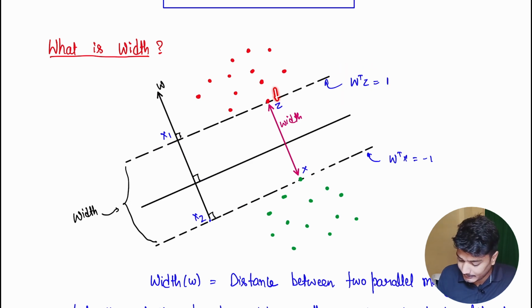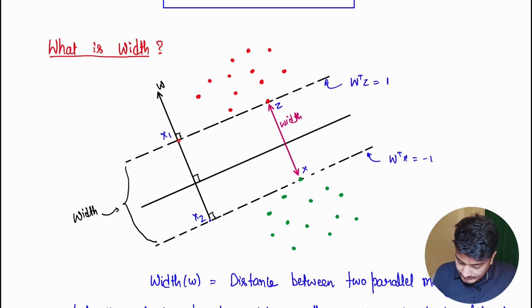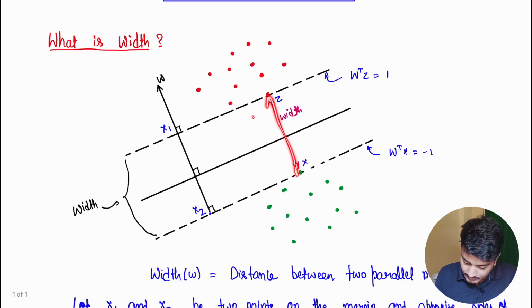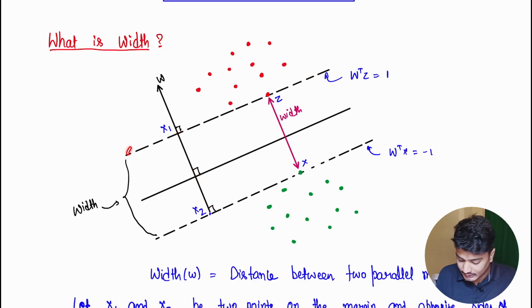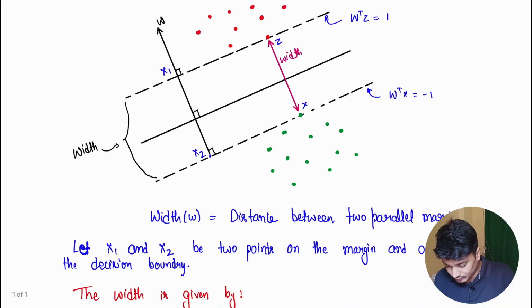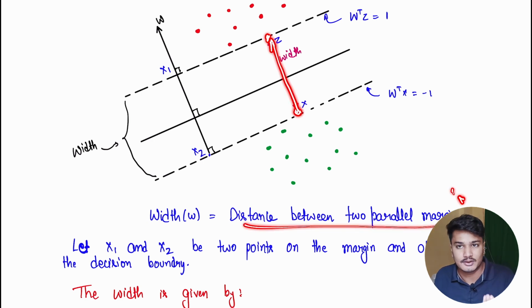So distance will be the same at all places, whether I take this or this or this, the width is equal because these are two parallel lines. This gap is the width. So the width W is nothing but the distance between these two points, the two parallel margins.